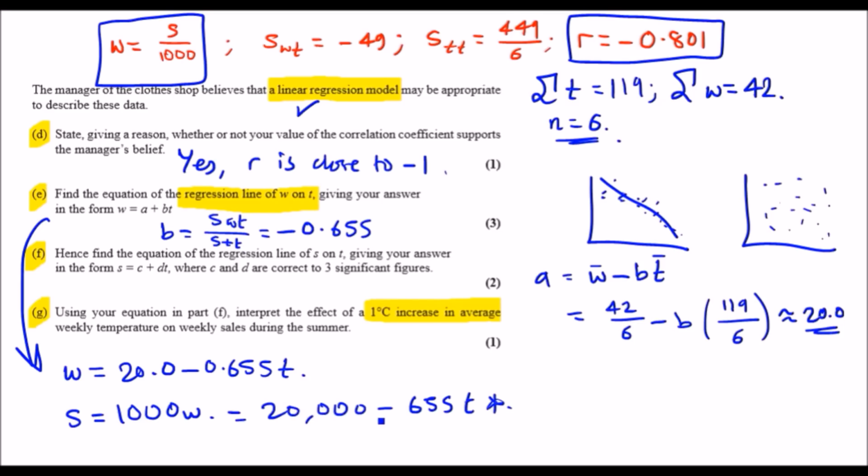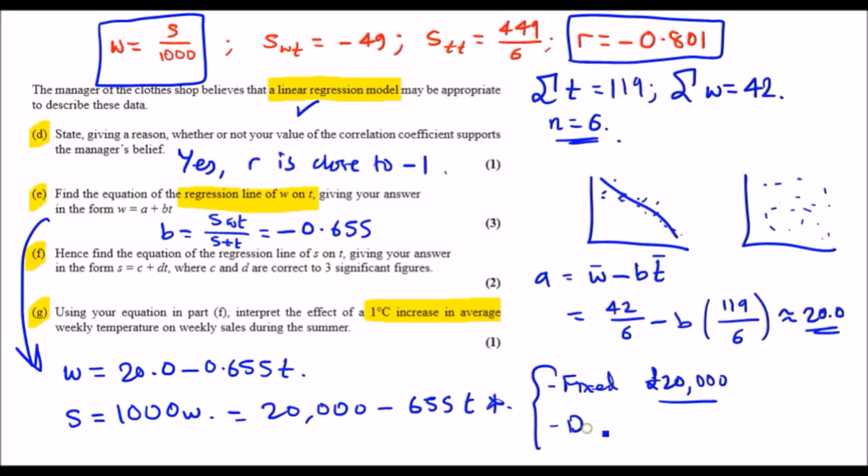Now, just looking at this, the 20,000 appears to be constant, so we can say that there are fixed weekly sales of £20,000. And now, as for the term that represents t, we can say that for every 1 degree Celsius, there's a decrease of £655.